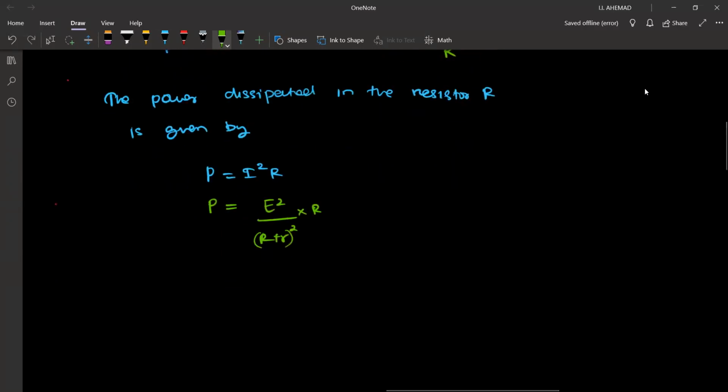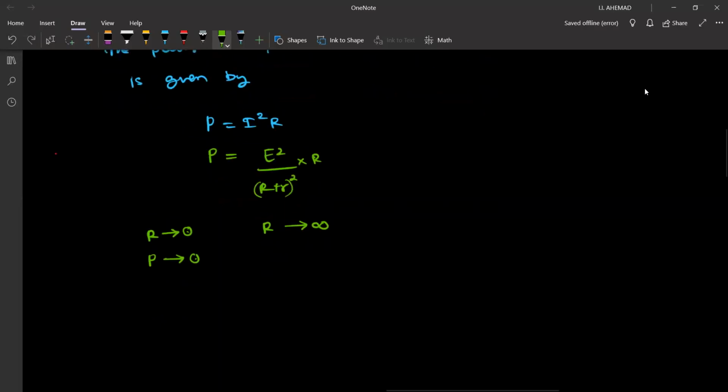Okay. So if R is 0, then from the equation P is also 0. If R tends to infinity, if R is getting higher and higher, that means R is very much greater than small r. Therefore, we can write that P is equal to E squared over R squared, into R. When you add a very large number with a small number, it doesn't make much difference.